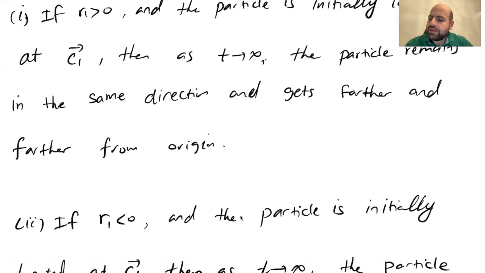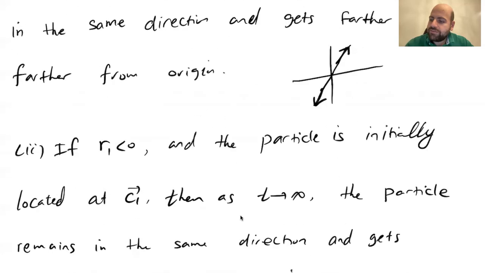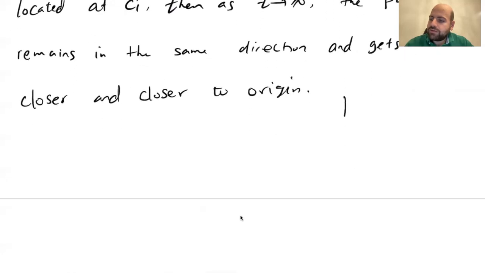So if I want to sketch the graph, in this case, if the particle initially starts from here, then gets farther and farther. If it starts from here, it gets farther and farther. And also here, if let's say it starts from here, gets closer and closer to origin, or starts from here, gets closer and closer to origin.